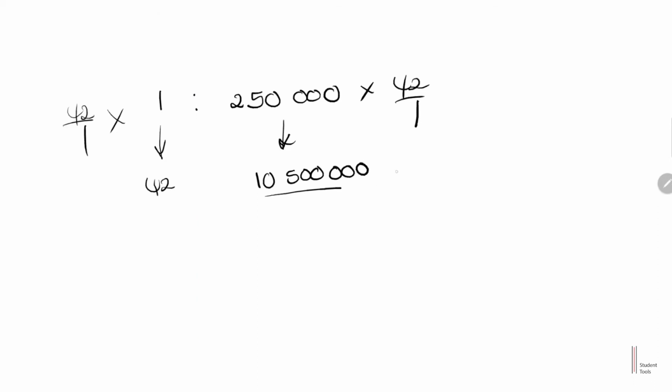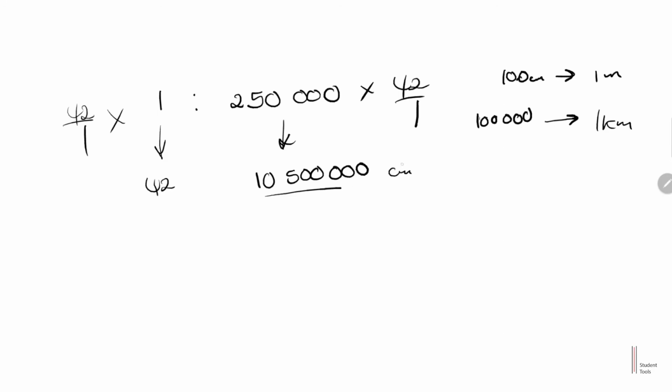And this is actually in centimeters. So what we want to find is the actual distance in kilometers. We know that 100 centimeters is equivalent to 1 meter, and 1000 meters is equivalent to 1 kilometer. So that means 1 kilometer is equal to 100,000 centimeters.